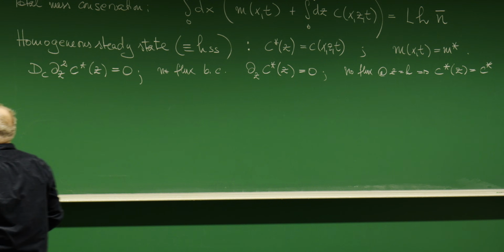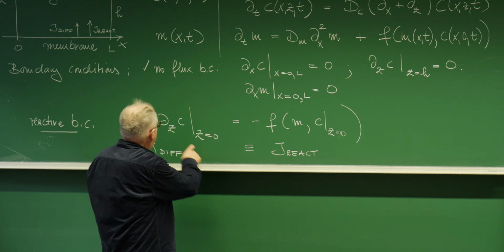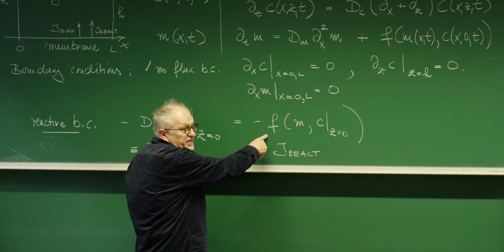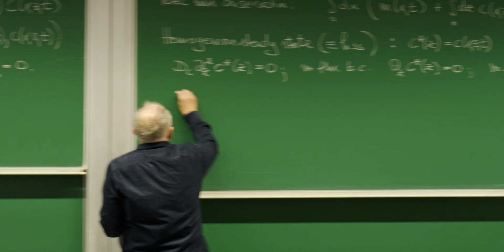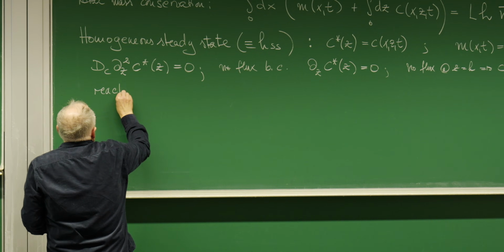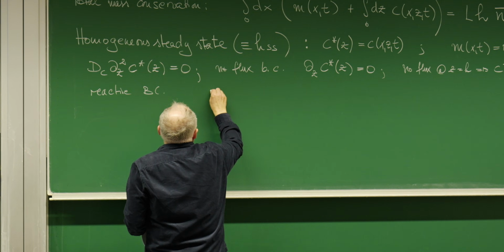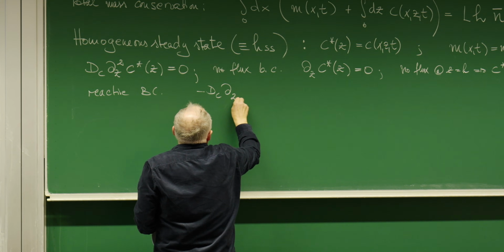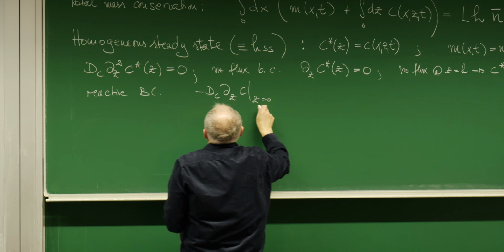Now we have the reactive boundary condition. So we have this here, right? And this then means, because the left-hand side is 0, that the reaction must balance on the membrane. So reactive boundary condition means we have minus D_c d_z c at z equal to 0.